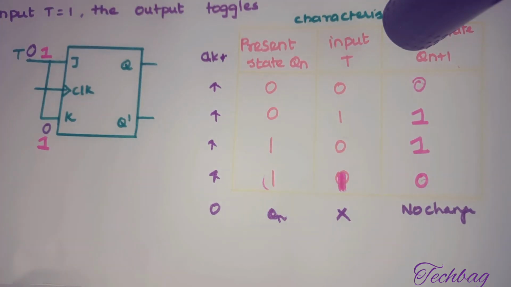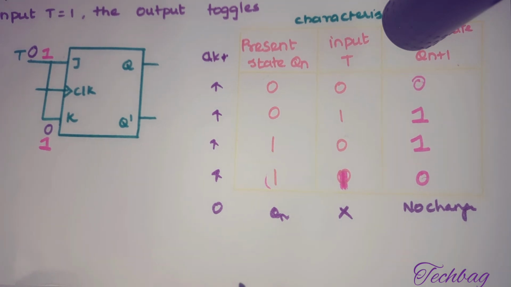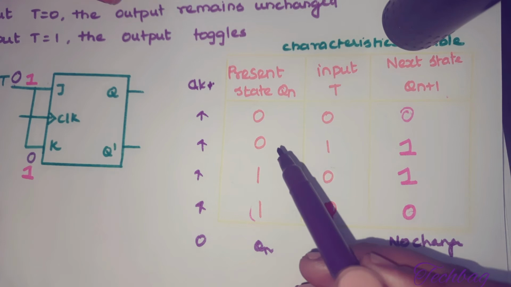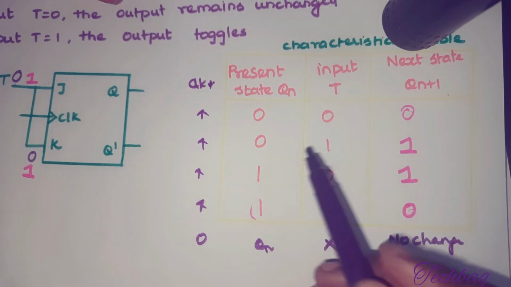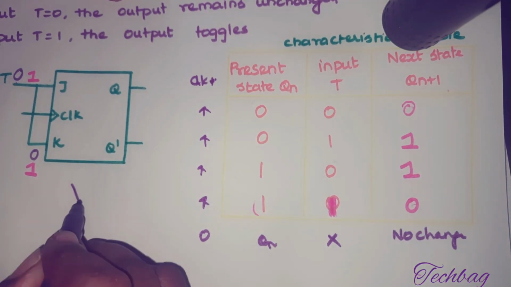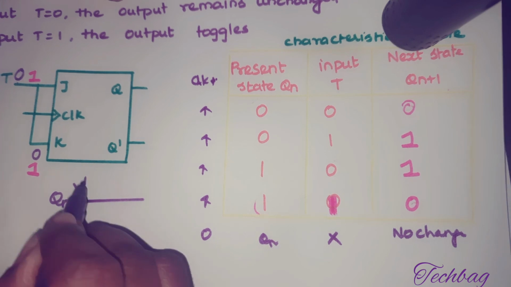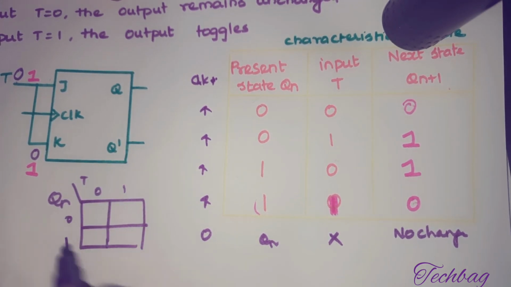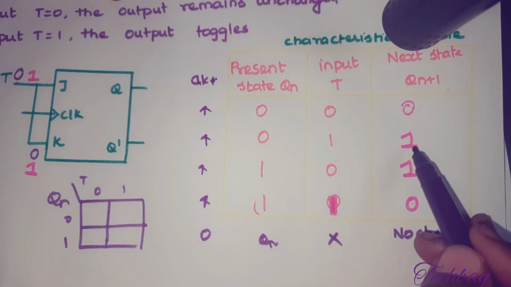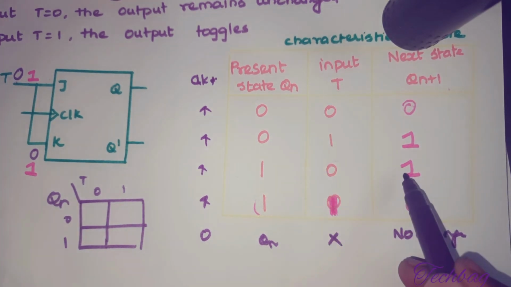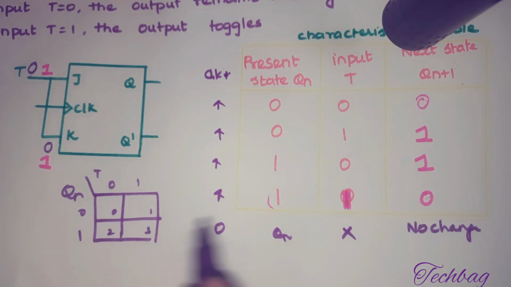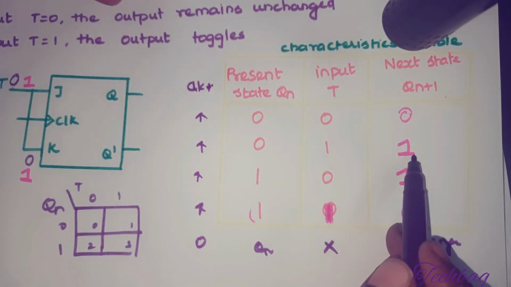We will write the next state equation, that is characteristic equation of T flip-flop. Here there are 2 inputs. So you have to draw 2 variable K-map and the inputs are Qn and T. The next state is 1 for minterm 1 and minterm 2. So this is 0, 1, 2, 3. Your next state is 1 for minterm 1 and 2.